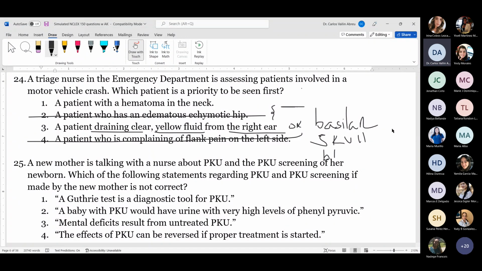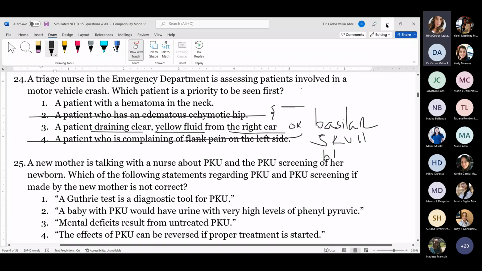If the brain has not been affected by the fracture, the patient can be stable. A patient can have a skull fracture without being critically ill. So what is more important, the bone around the brain or the brain?